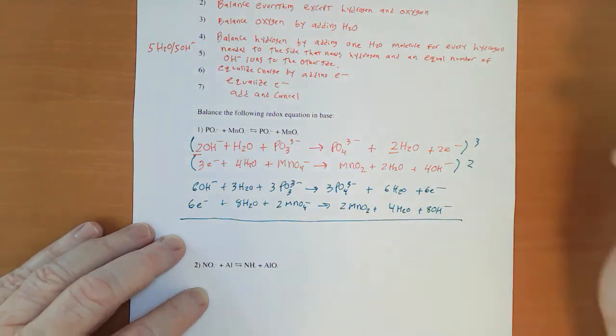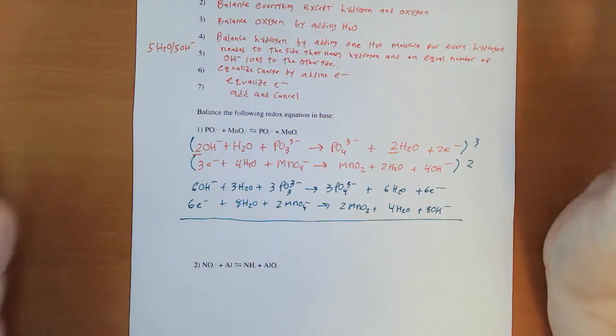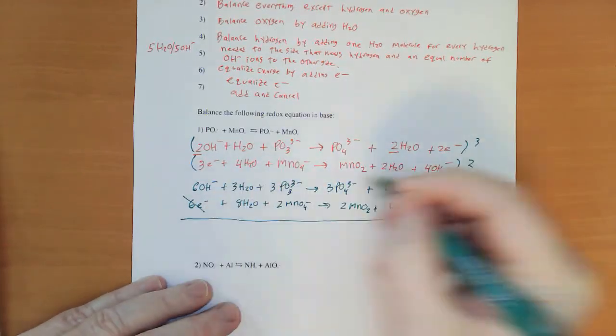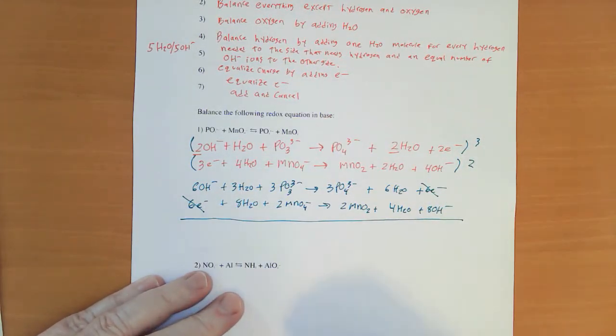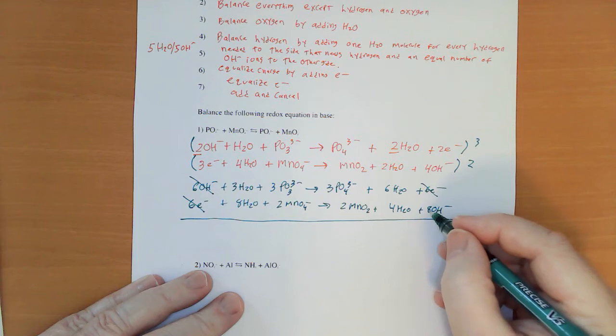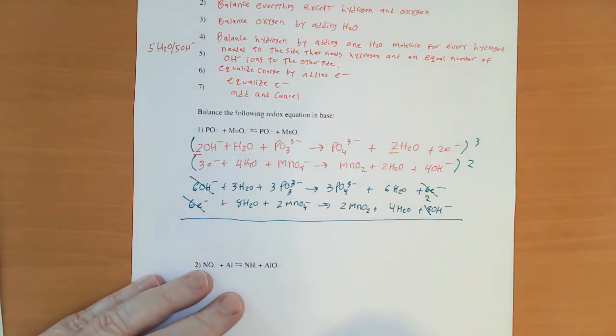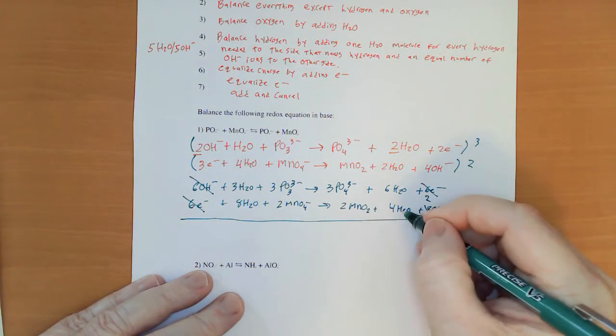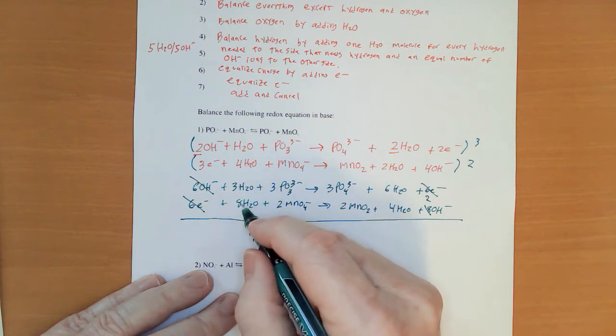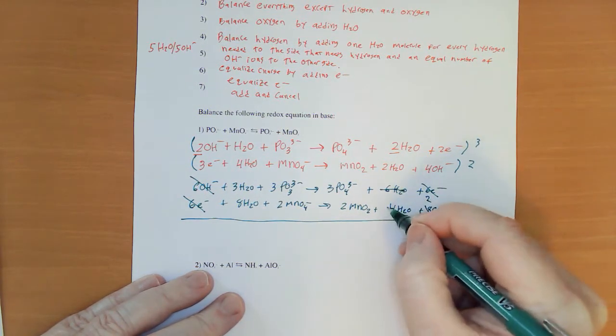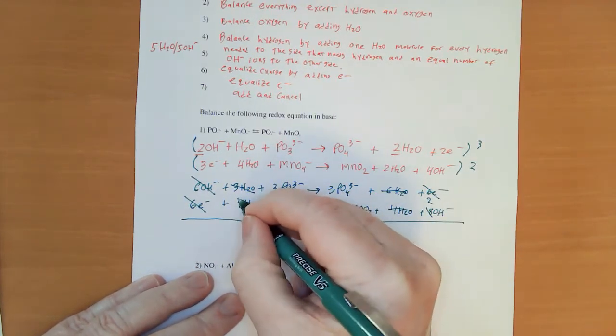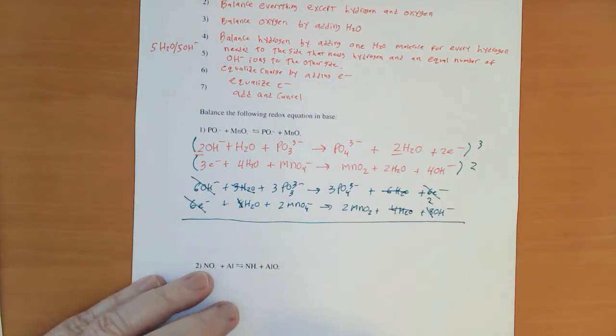Now, I can cancel a lot of stuff here. Those electrons are gone. All 6 of those hydroxides will turn 8 into 2. 6 plus 4 makes 10. 3 plus 8 makes 11. So all of those are gone, leaving me with just 1 water molecule.